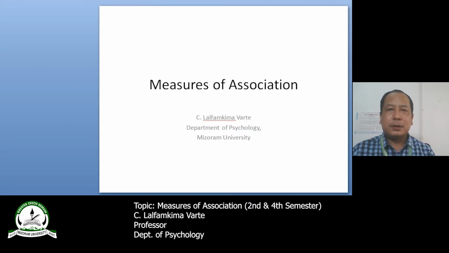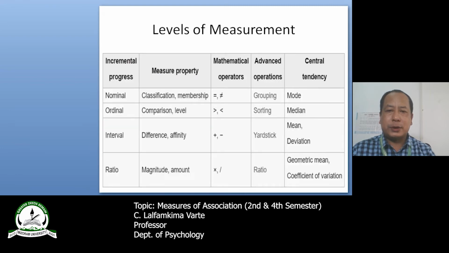Say, for example, when width increases, does height also increase or decrease? This can be a question. The measures of association give us precise numerical answers to such questions. It is important to remember that all these measures do is detect association and not causation.